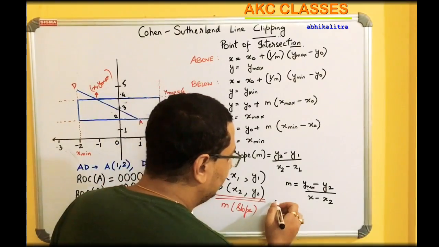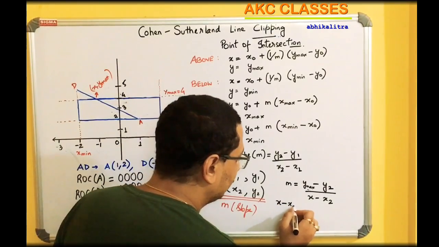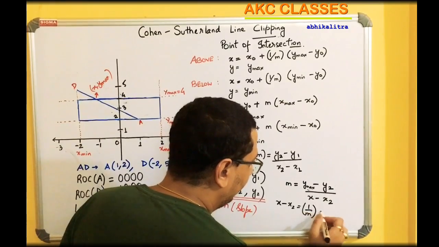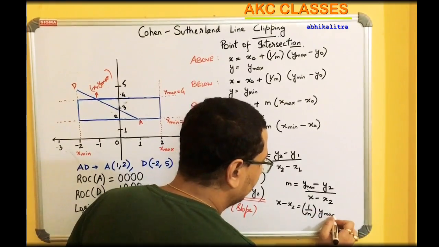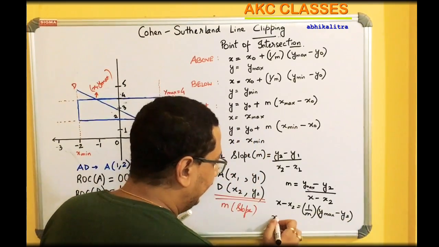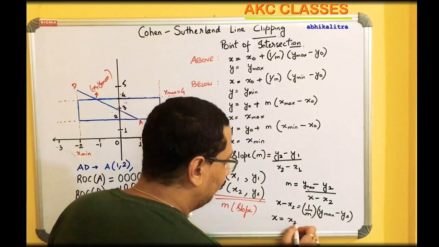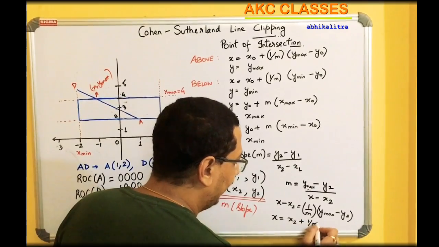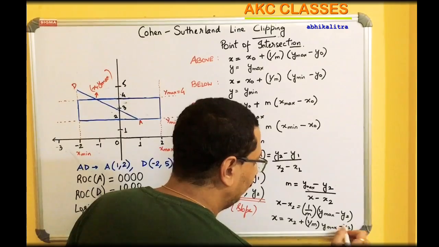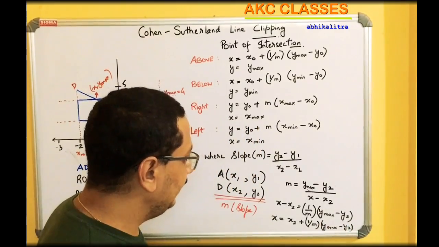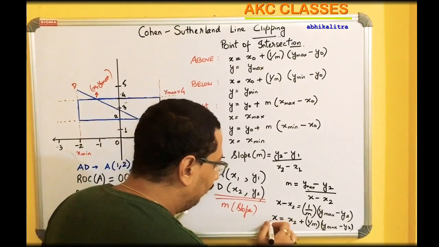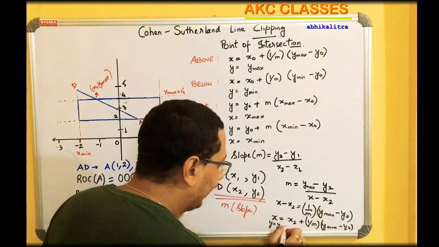So x minus x2 will be equal to 1 by m into y max minus y2, right? So then x will be equal to x2 plus 1 by m into y max minus y2. So this is the value of x, and the value of y is y max.